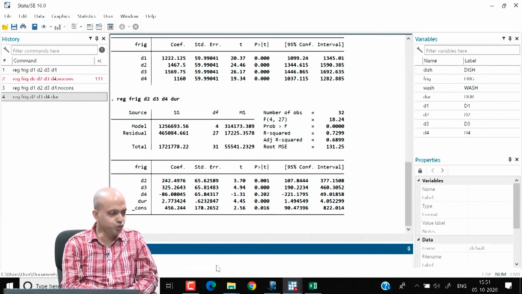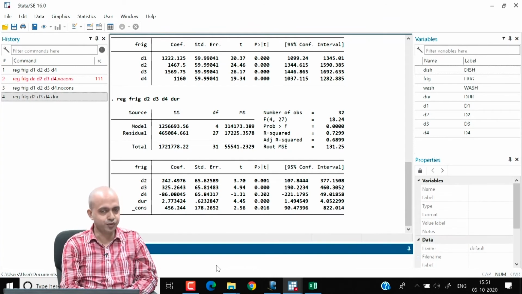But D2 and D3, they are significant at 1% level. So that means we can say the sales in second and third quarters are significantly different from the first quarter, but sales in fourth quarter is not significantly different from the first quarter.